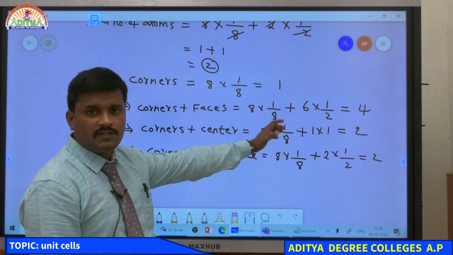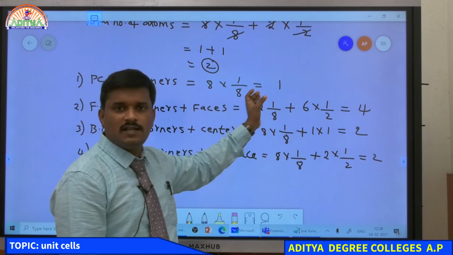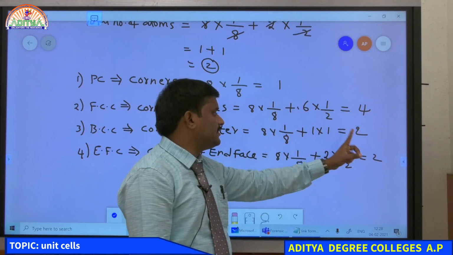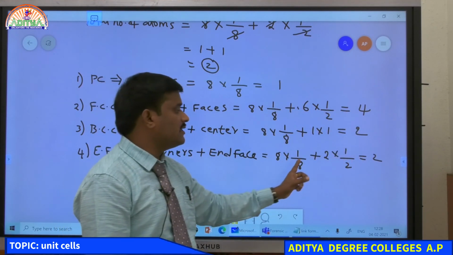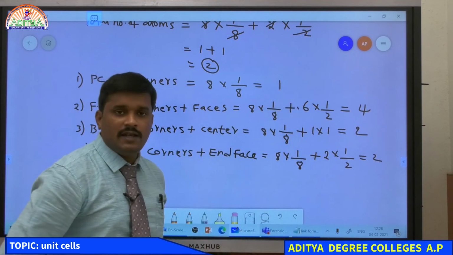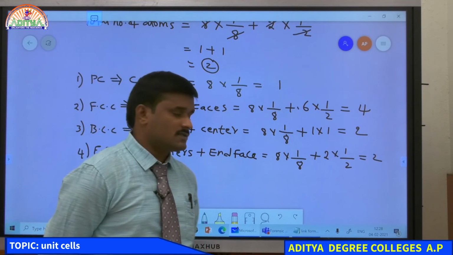Therefore, finally, the total number of points present in a unit cell: for simple cubic it is equal to 1, for FCC 4, for BCC 2, and for EFC it is equal to 2. 1, 4, 2, 2 are the number of points present in the respective unit cells.